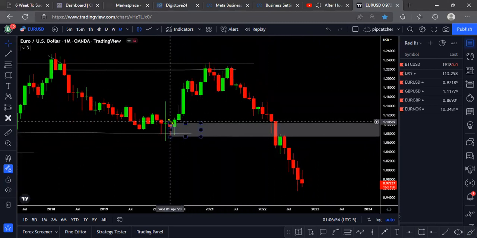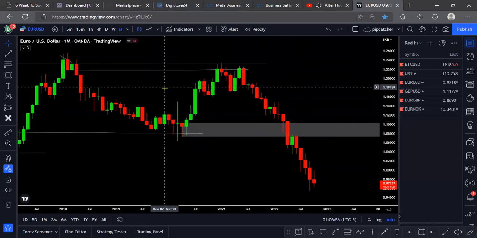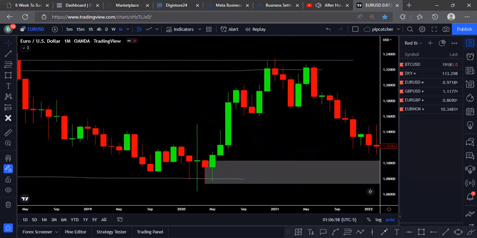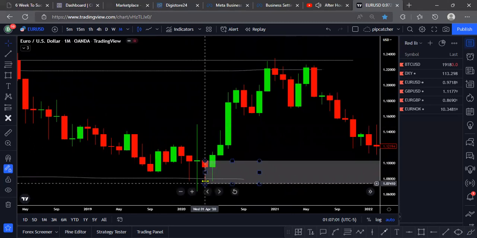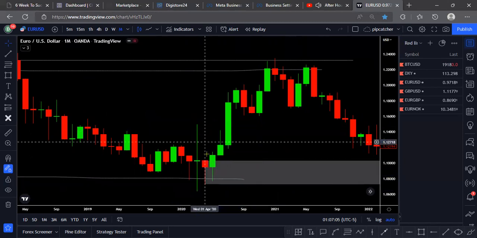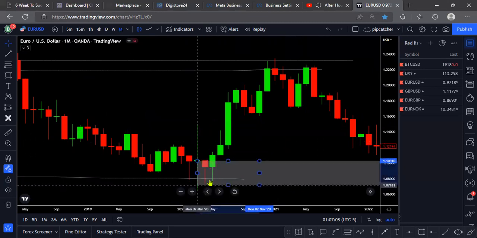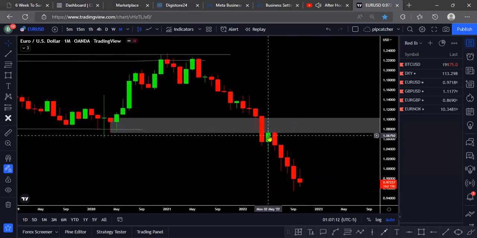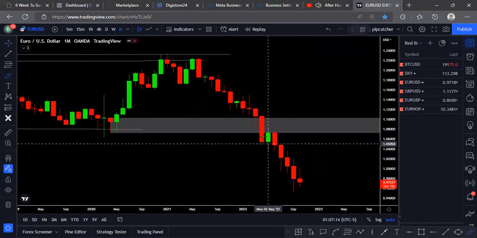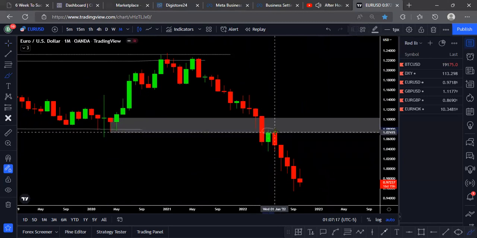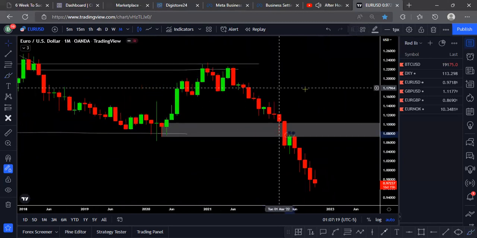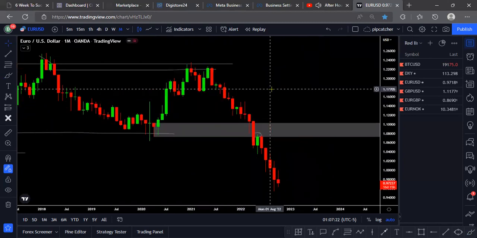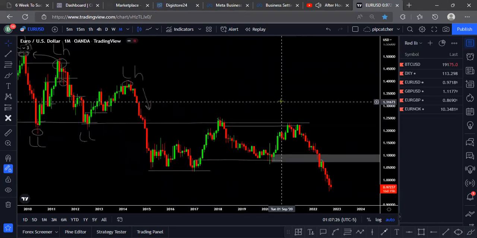There's not that much of a wick on the upside there, but we have a long wick on the downside. But if we notice here, which we'll see on the lower time frame, we'll study around that area there.